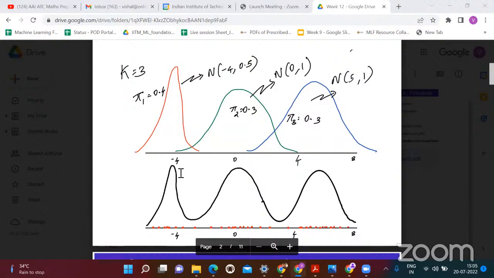In a classroom, there are 3 or 4 types of people. I have a multiple choice test, and some people marked A for all the questions and got some marks. All those chunks of people are here in pi 1. And the chunk of people who marked B as the answer in all the questions represents pi 2.